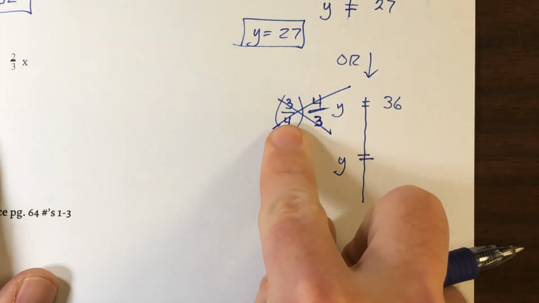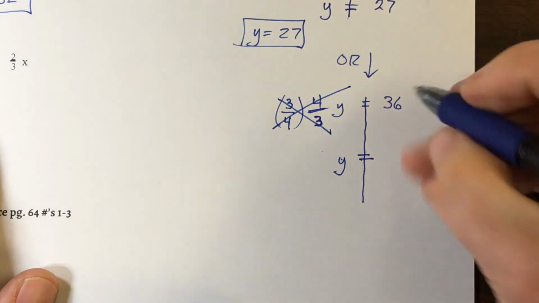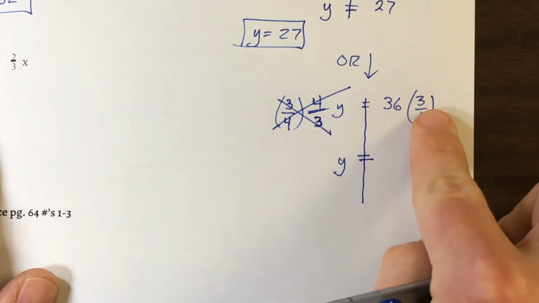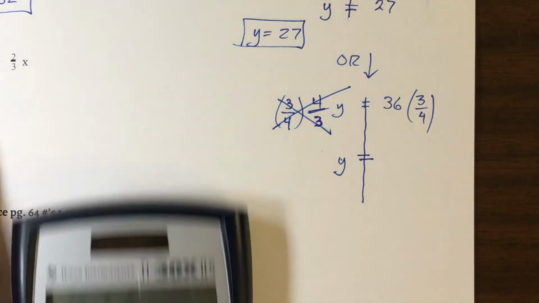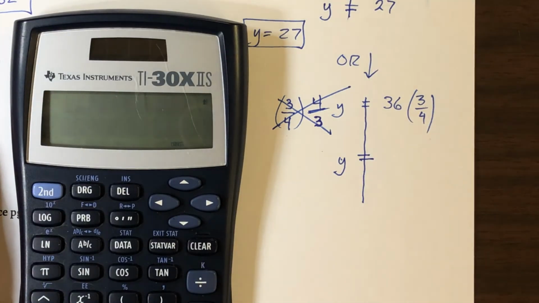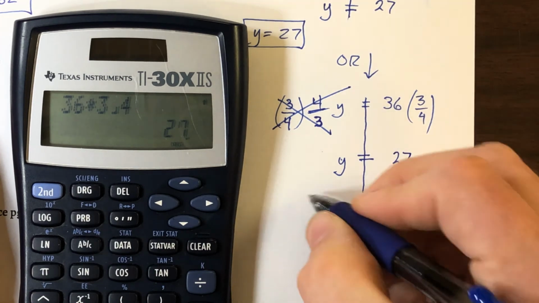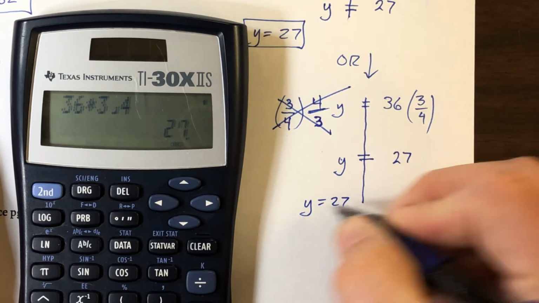Now again, what I do to one side, I must do to the other. So again, we're multiplying by the reciprocal, 3/4. So 36 times 3/4 better be 27. And it is, of course. So again, y equals 27.